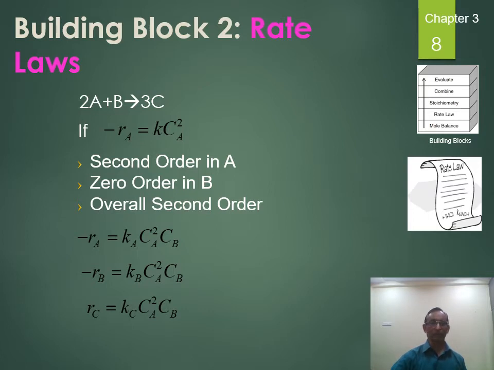Rate of disappearance of B also depends on the concentration of the reactants available. Formation of C also depends on the concentration of the reactants and not on the product. If the reactants are not available, how can you write Rc equals Kc into Cc squared? A and B have to be available, and only then is C formed. That's why Rc is related to Kc into Ca squared into Cb. Here there is a confusion, so you have to remember this point.